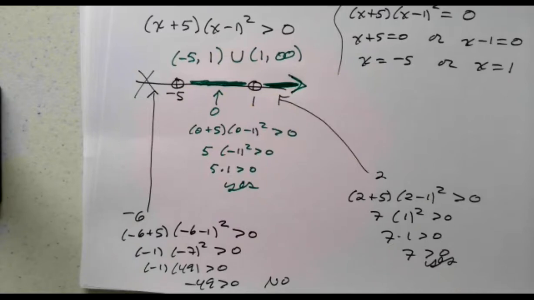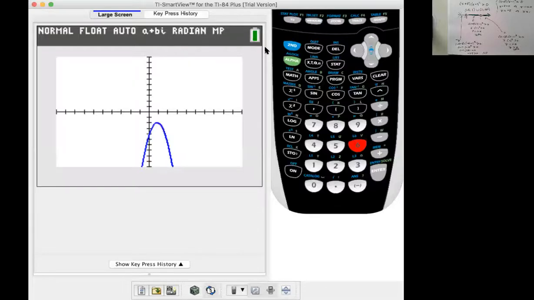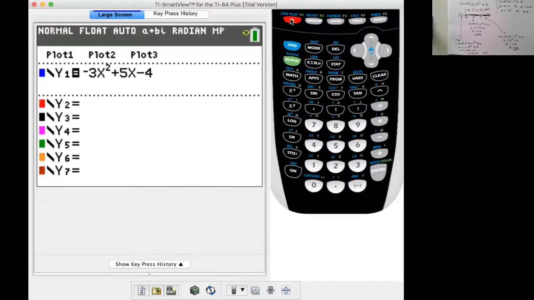Now, let's see if we can get a feel for what this looks like on the graphing calculator. So let's go ahead and plug it in and see where this thing is greater than 0. So I have (x + 5)(x − 1)².